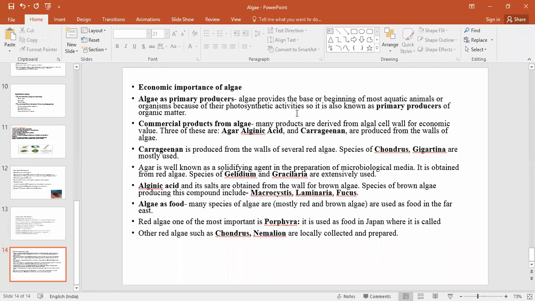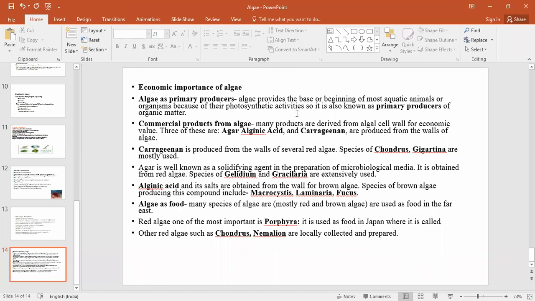They act as primary producers. From a commercial view, they are economically important because some produce alginic acid, which is used for industrial purposes.